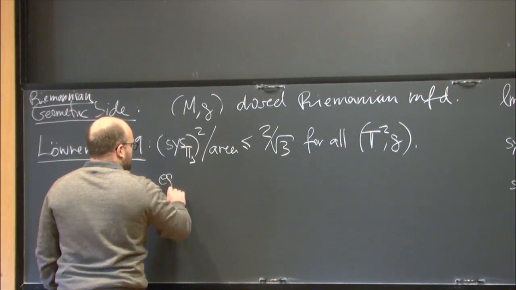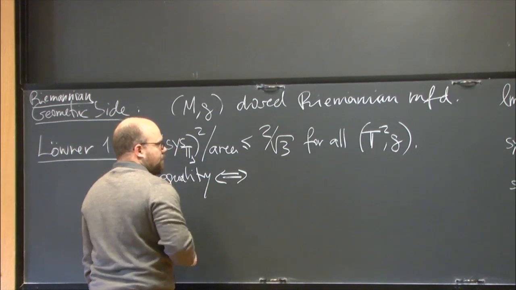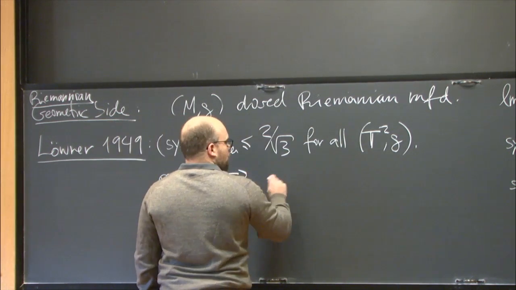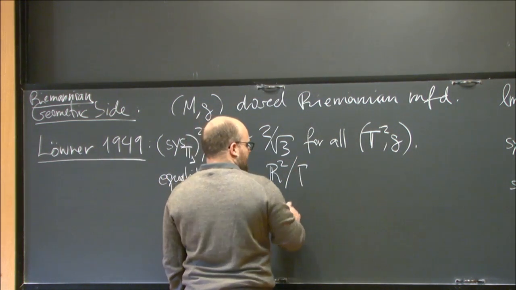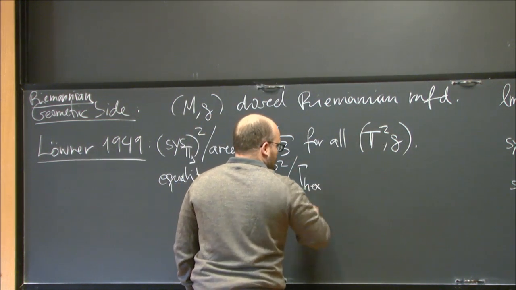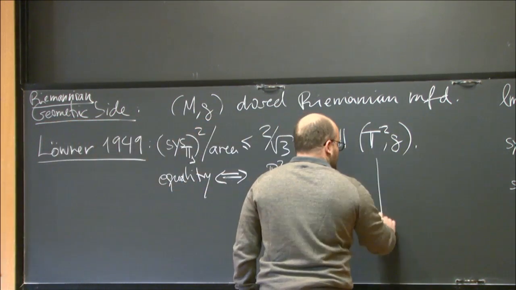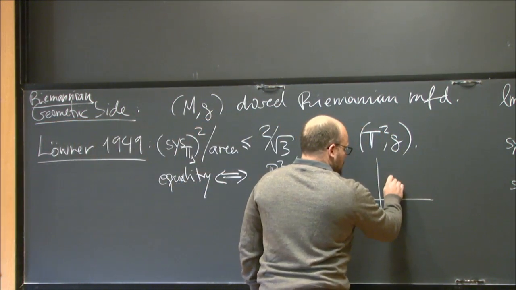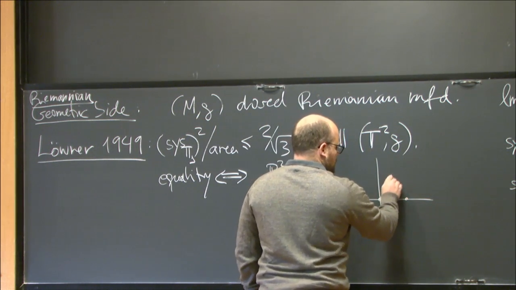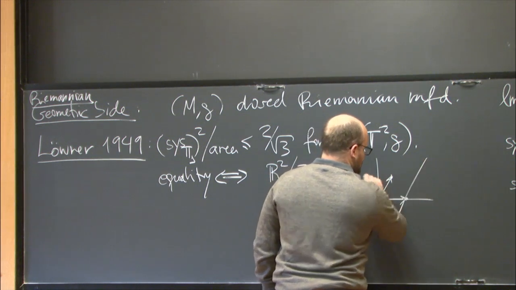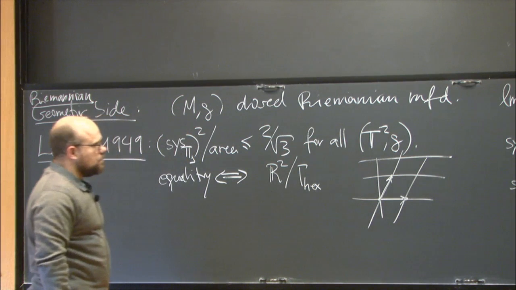And one has equality if and only if we're talking about the flat metric given by R2 divided by the hexagonal lattice, the lattice spanned by the corners of an equilateral triangle.